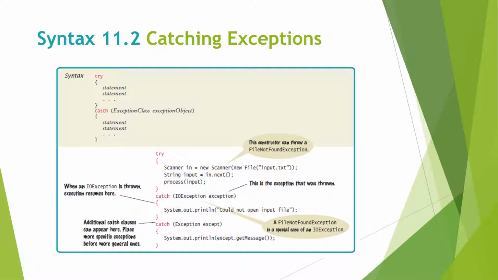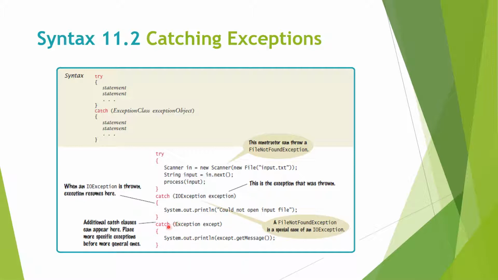And it's important to know that you need to place more specific exceptions before more general ones. For example, in this piece of code, we want to put two different catch clauses. One is IO exception, the other is exception. IO exception is a subclass of exception. So exception is the more general one, and IO exception is the more specific one. It's important to note that this specific one must come before the more general one.